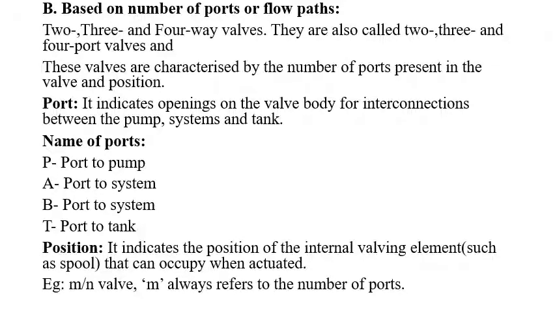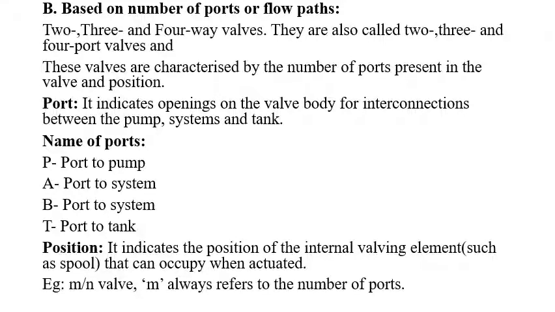Position of a valve does not represent its location or orientation, but the position of the internal valving element. The step by step construction of 2, 3 and 4-way port valves and a brief explanation can be seen in the later slides.